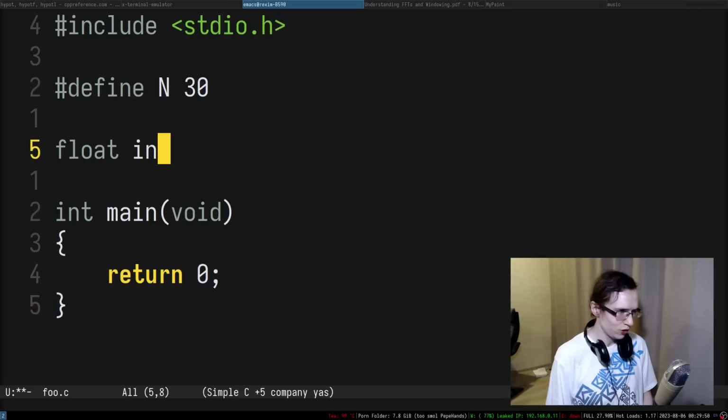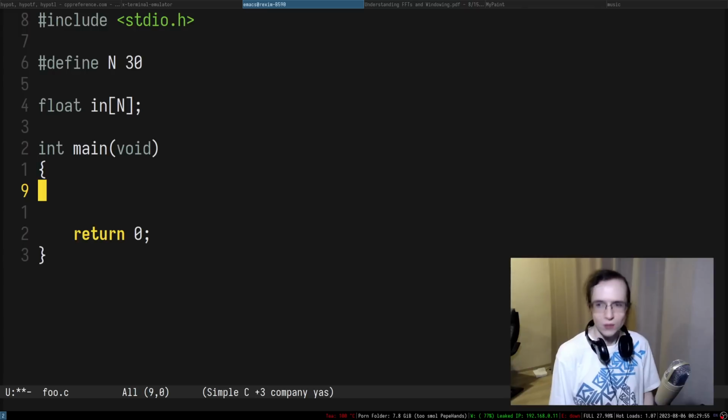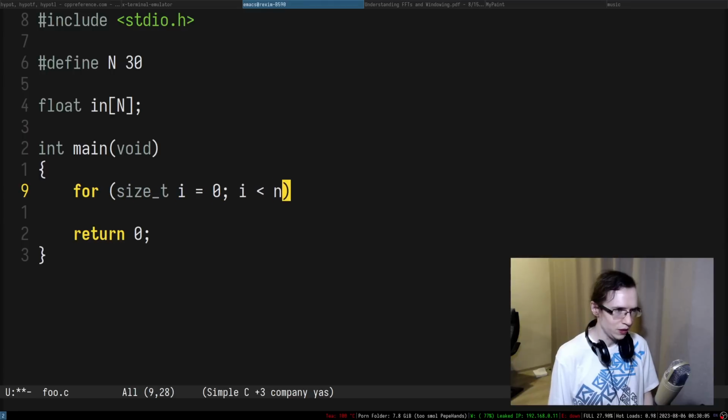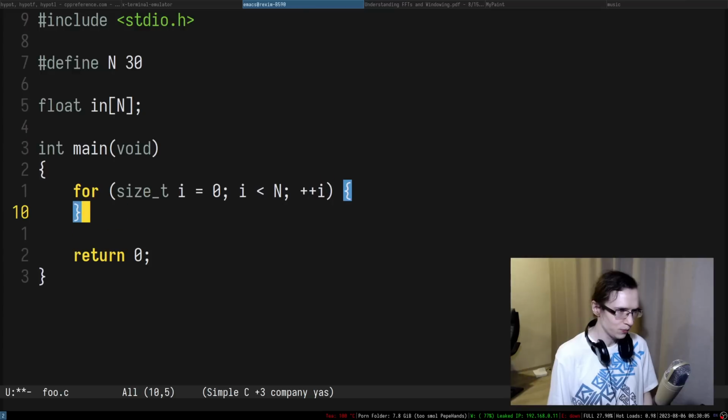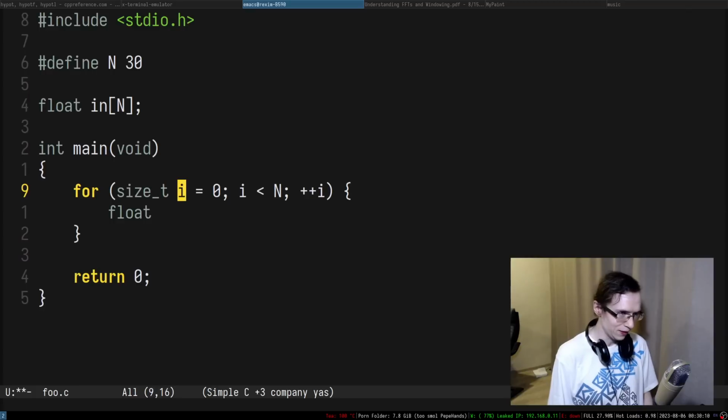Let's have an array that will hold a signal, and let's generate some signal. I'm going to iterate through each individual sample. Then I'm going to take the normalized value of that index, so it's i converted to float, divided by n.